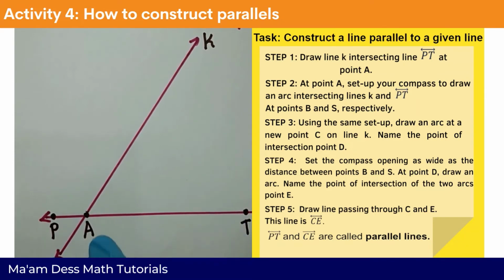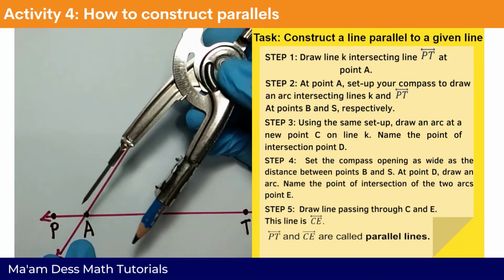And then, label the point of intersection as point A. Next step. Step 2. At point A, set up a compass to draw an arc intersecting line K and line PT.